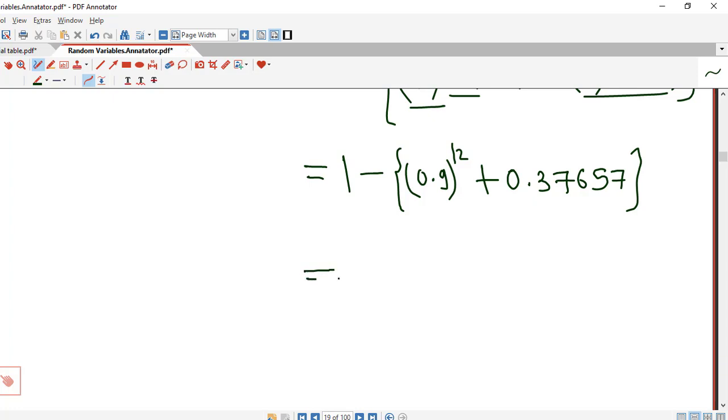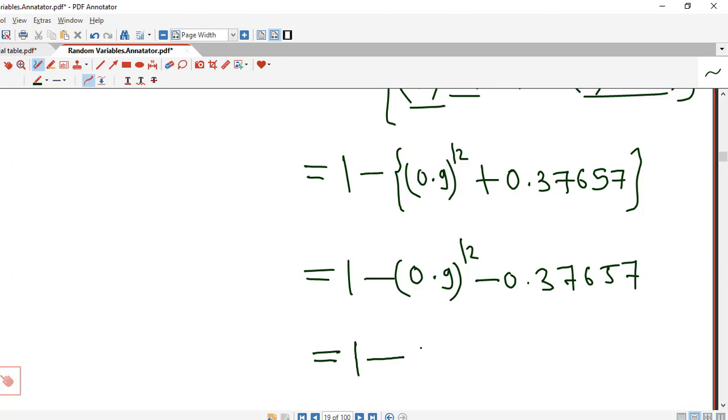So this is now 1 minus 0.9 raised to 12 minus 0.37657, and I can use my scientific calculator to find out 0.9 raised to 12. Using the scientific calculator I obtain 0.28243, rounded off to 5 decimal places.